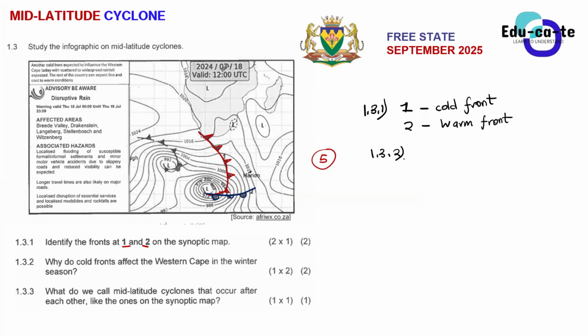And guys, when I'm talking about a cold front, it is the same thing as saying a mid-latitude cyclone, because remember that the cold front comes from a mid-latitude cyclone. So when they ask why do cold fronts affect the Western Cape in the winter season, it is the same thing as saying, why do mid-latitude cyclones affect the Western Cape in the winter season? Because basically the cold front is coming from the mid-latitude cyclone itself.